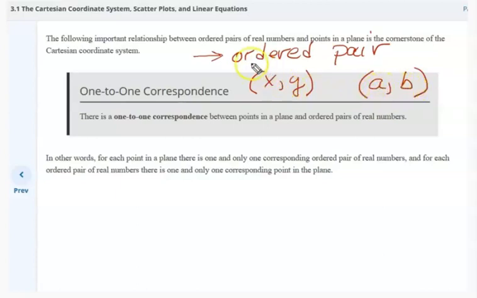But again, because they are ordered, and it's a 1-to-1 correspondence, the x is always related to the x-axis and then the y to the y-axis. It seems common sense, but again, we'll stress that. You can't reverse them. They would be different unless both were the same. (3, 2) is not the same as (2, 3). That's what this is referring to.